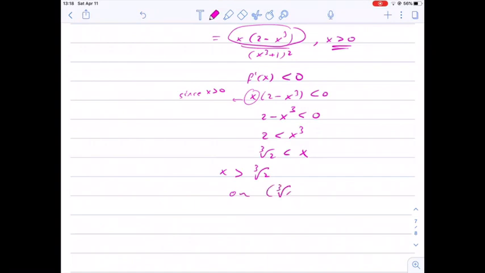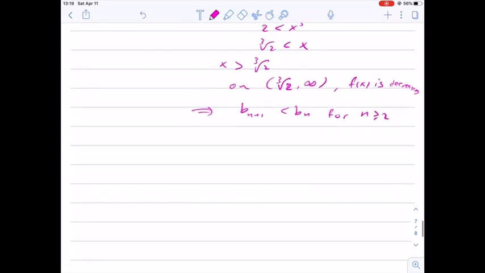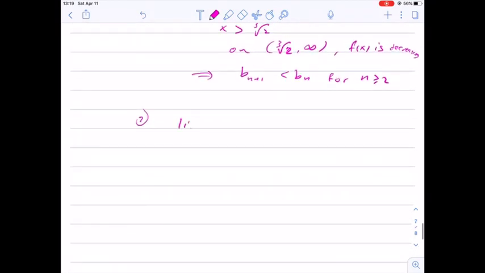So on the interval from cube root of 2 to infinity, f of x is decreasing. So that means Bn+1 is less than Bn for n greater than or equal to 2. This is the first condition.